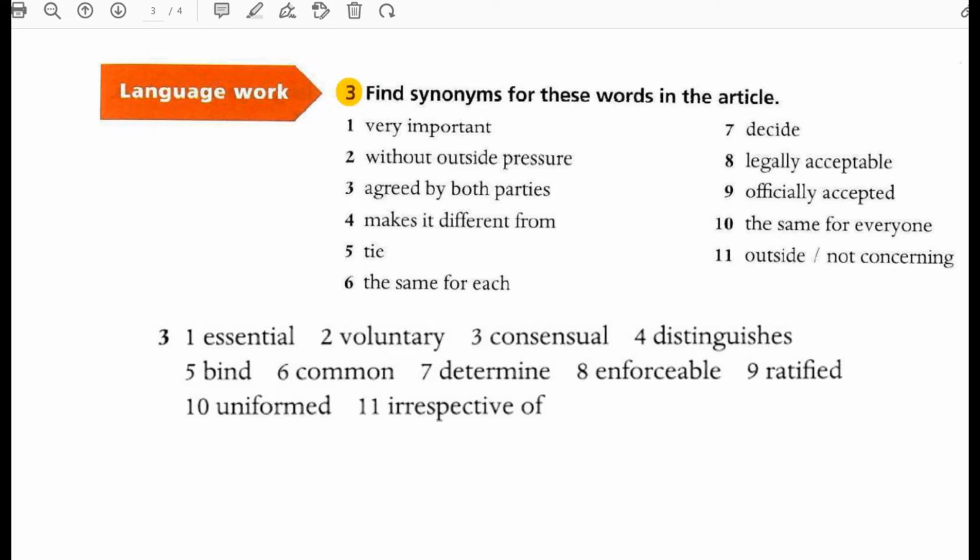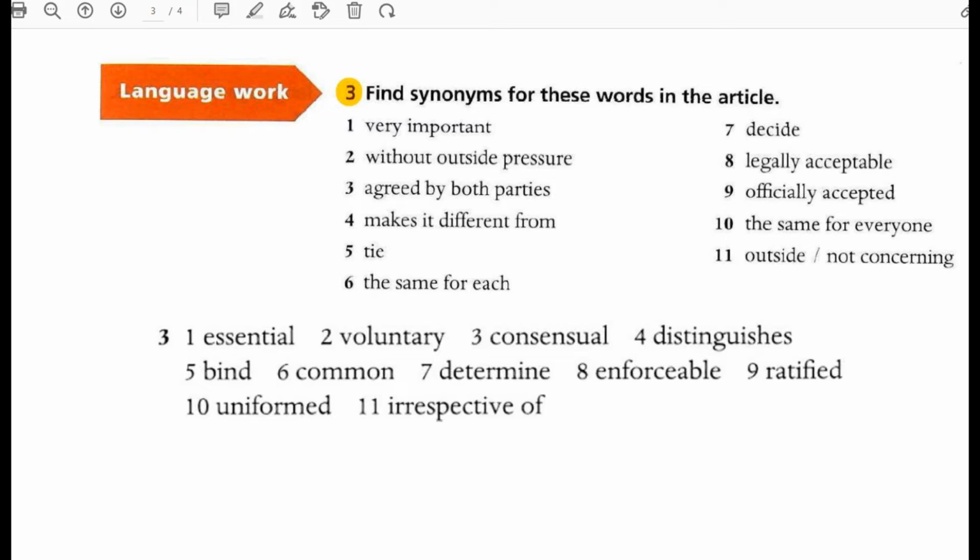Third, agreed by both parties: consensual. Fourth, make it different from: distinguishes. Five, tie: bind. Six, the same for all: common. Seven, decide: determine.